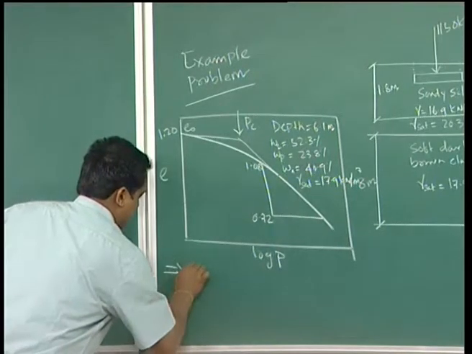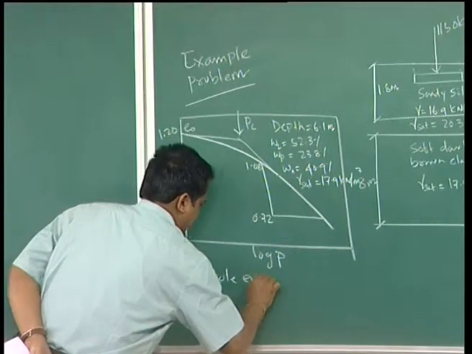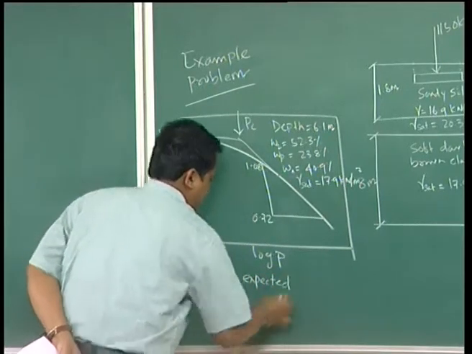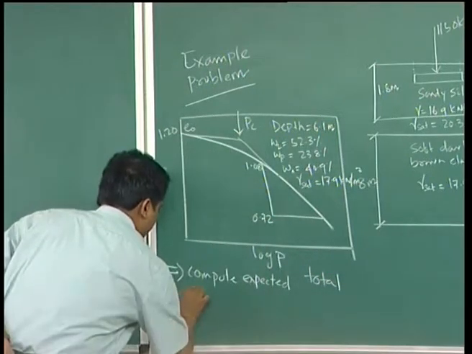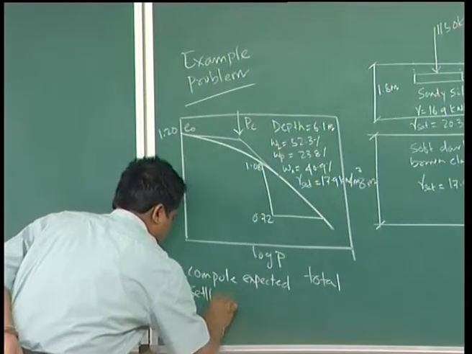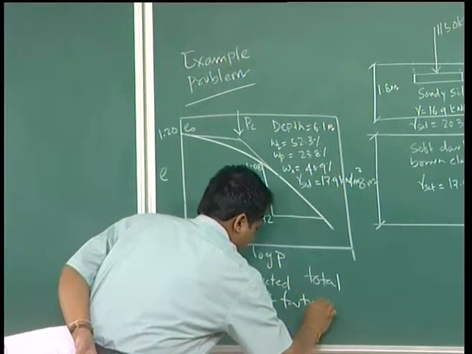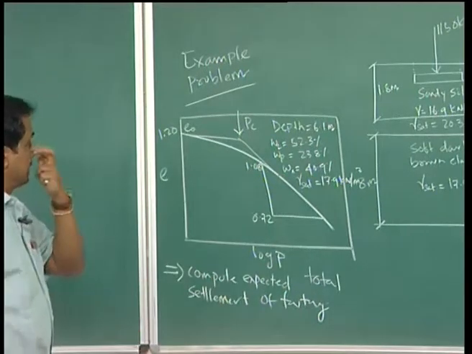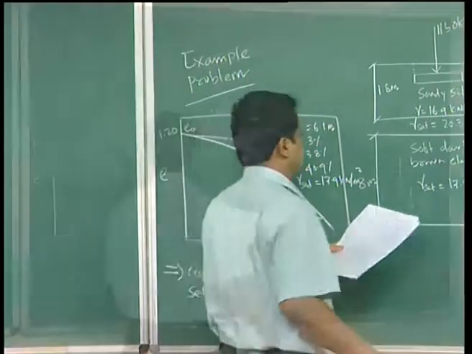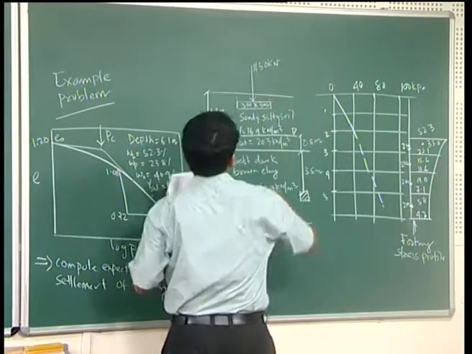Now, the question is compute expected total settlement of footing. This is a case where this footing is of size 3 meter by 3 meter.